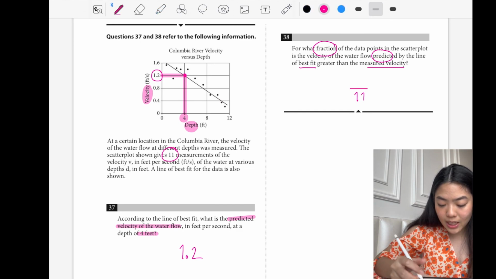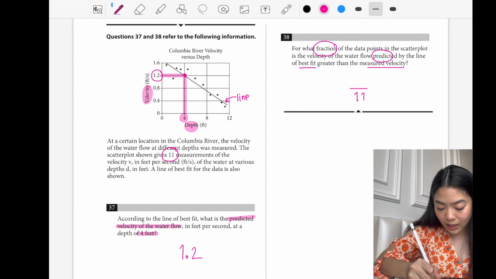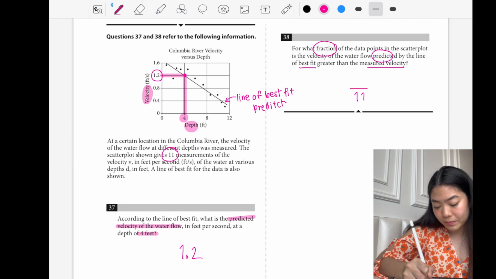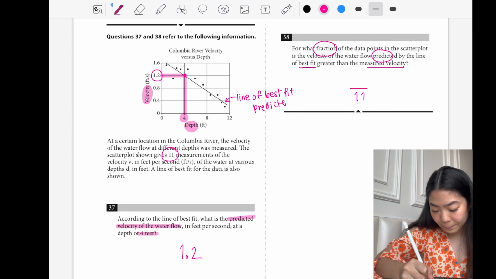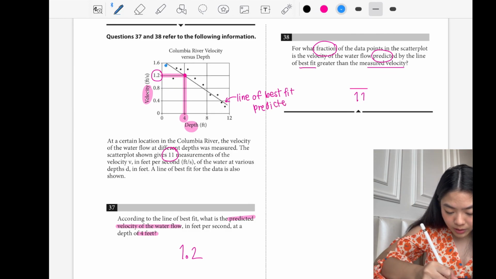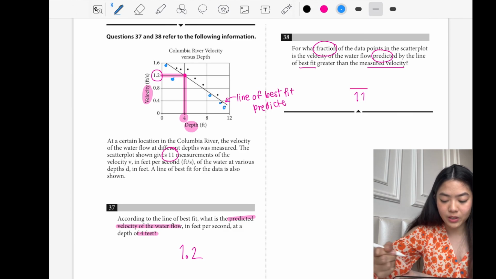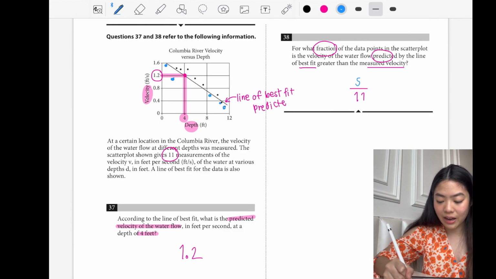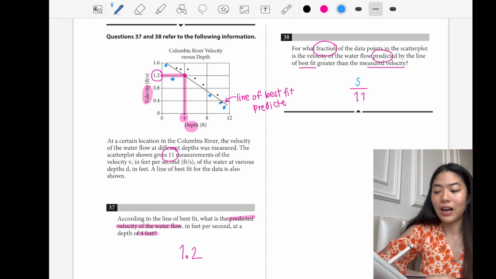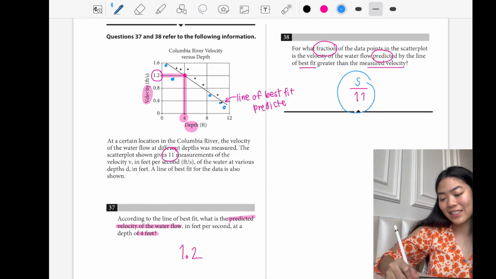The predicted is the one on the line of best fit. This one is the predicted one. So we count the ones under the line of best fit, and there are 5. So the answer is 5 over 11.